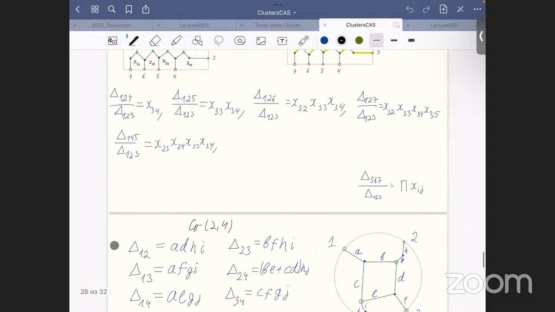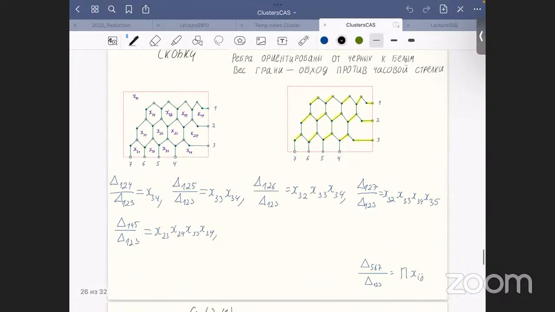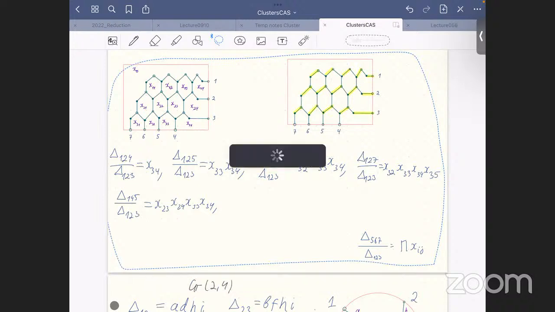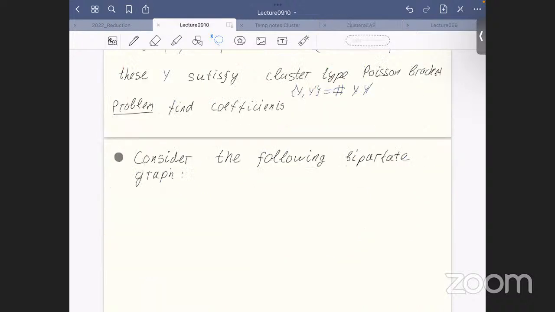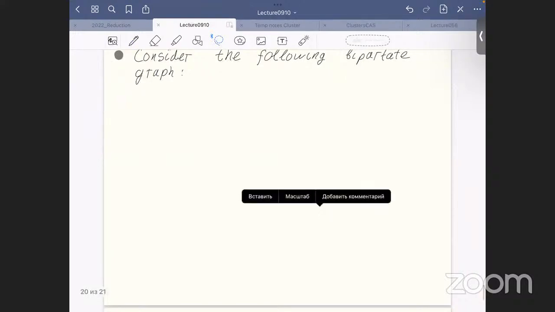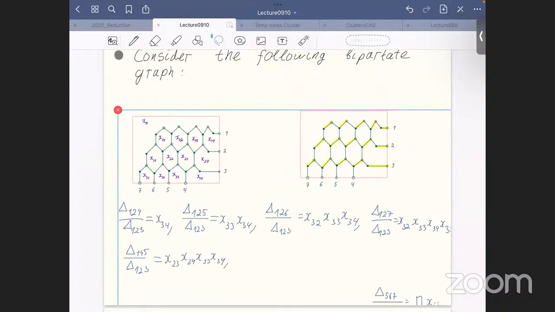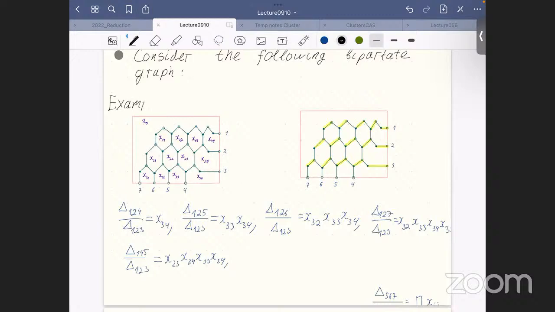I have many pictures. Okay, let me copy this. So this is an example of the Grassmannian 3-7.